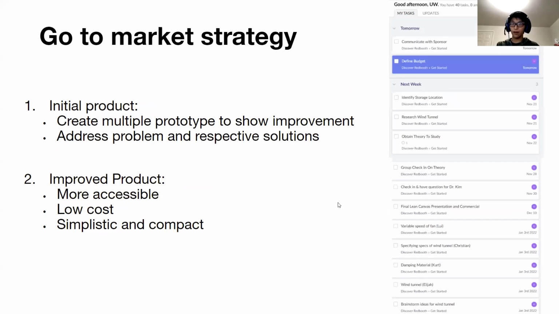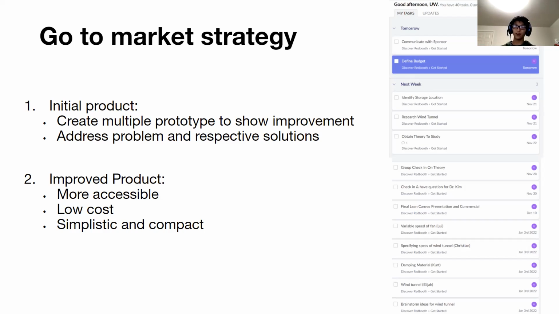And we think about how we can satisfy them. As for our initial customers, we want them to continue funding us and making materials more accessible to us. So we're going to use that money and material to create multiple prototypes, to show them that we're doing what we want to do with their money, that the project's going well, and we have it under control.